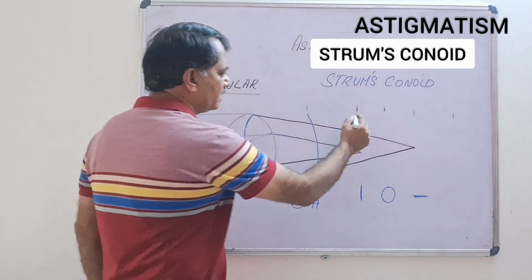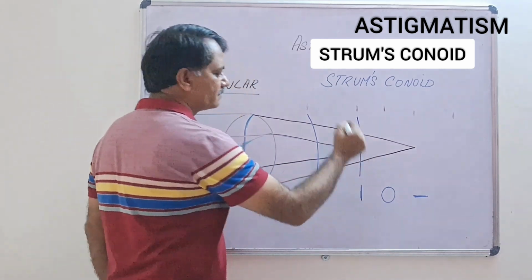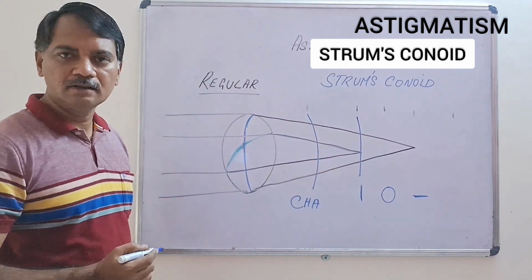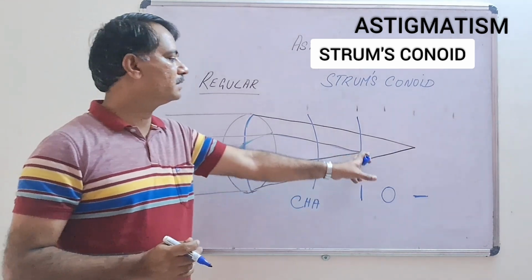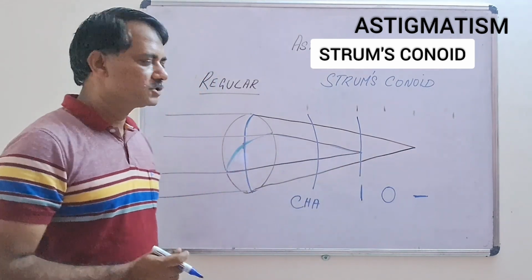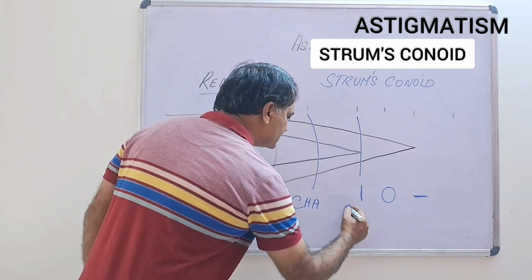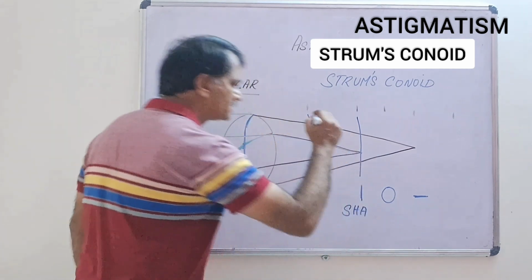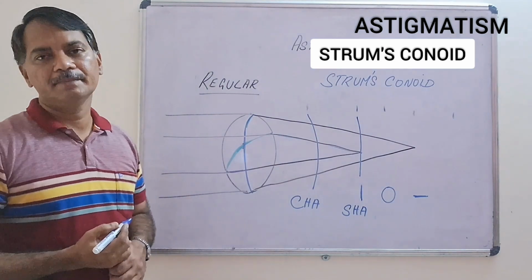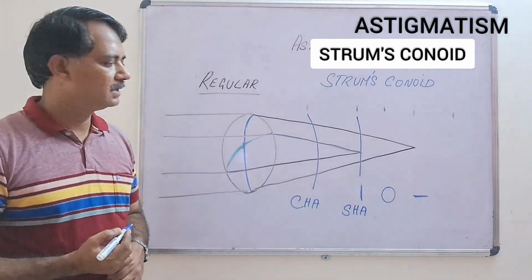Suppose the retina is in this position, what will happen? One group of rays are focusing on the retina, another group is going behind. So this is called simple hypermetropic astigmatism.